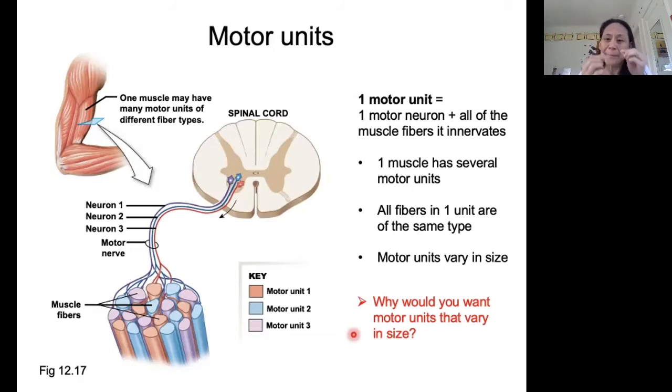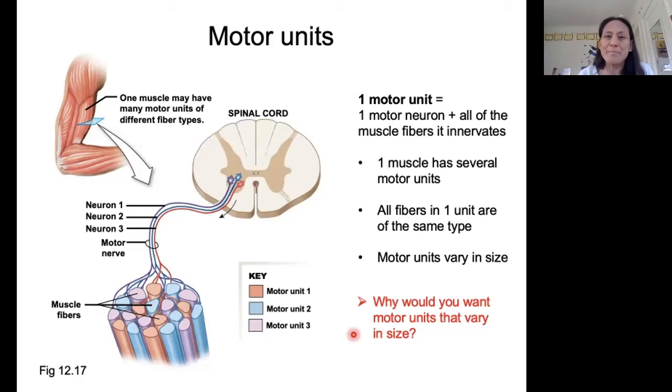Therefore, it helps to have the muscles in your fingers composed of many, many different motor units. On the other hand, if you want to do some sort of large action like jumping, you're basically going to send the same signal to all of your muscles or a large number of muscle fibers.